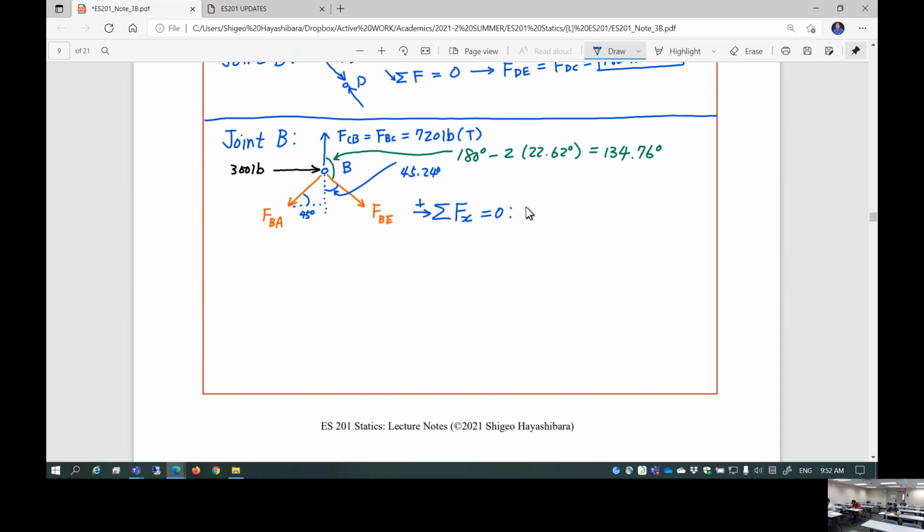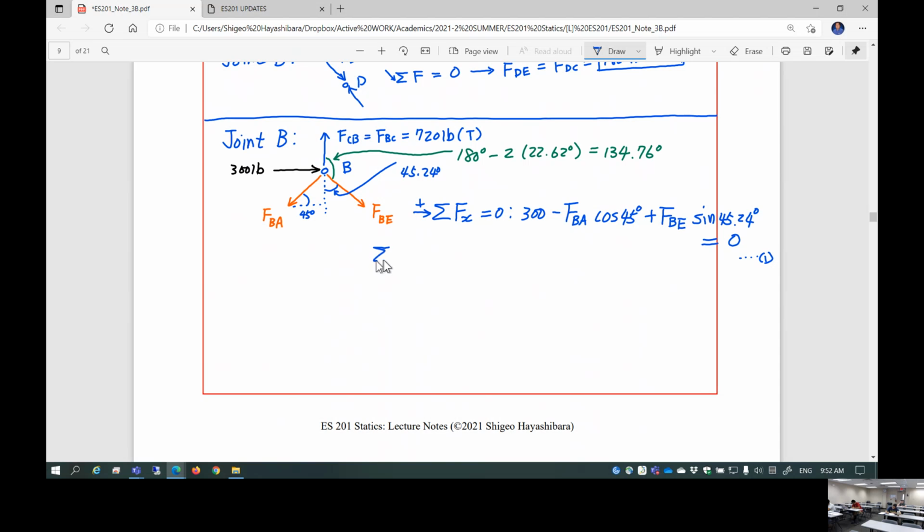This is the 300 minus FBA cosine 45 plus FBE sine of that angle, sine 45.24 is equal to 0. Again, this is one equation with 2 unknowns. That's just set equation 1.